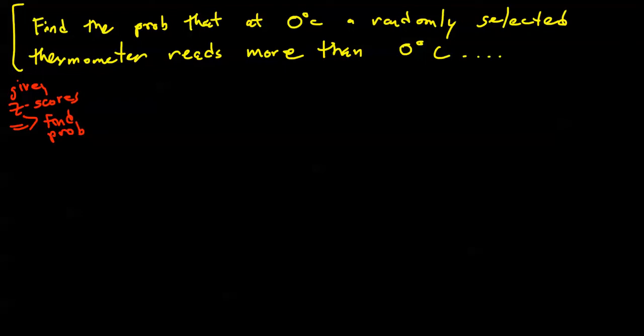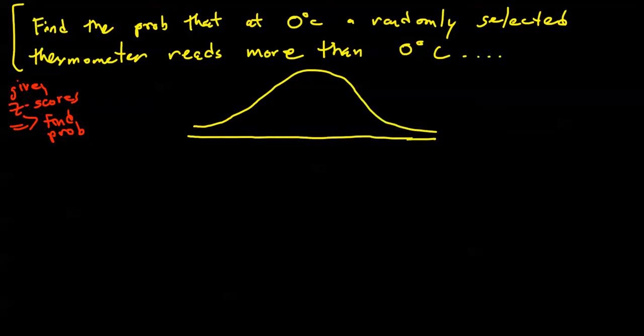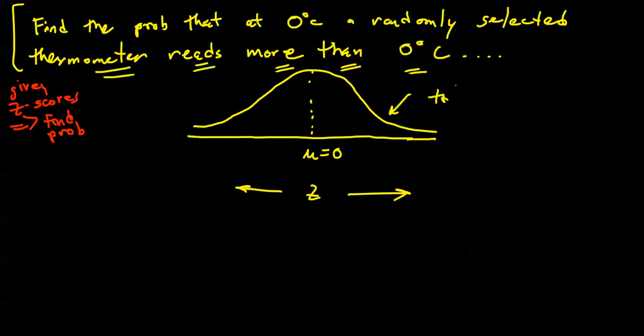Well, you could make this more work than you have to, I suppose. If I draw a distribution of these thermometer readings, we've got not too many low readings, not too many high readings. Most readings seem to be near the mean of 0 degrees Celsius. Well, if you want the probability that a thermometer reads more than 0 degrees Celsius, we know the total area under this z-curve, or any normal distribution, equals 1, representing our 1 unit of available probability in any experiment.